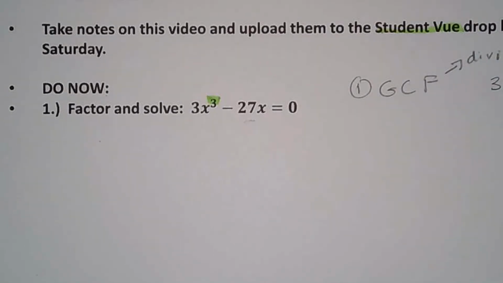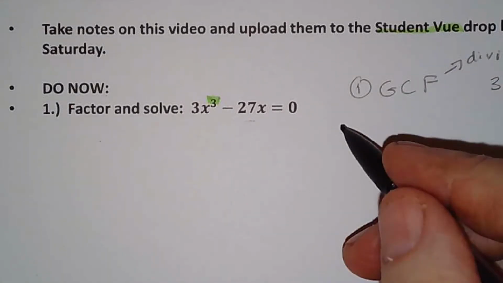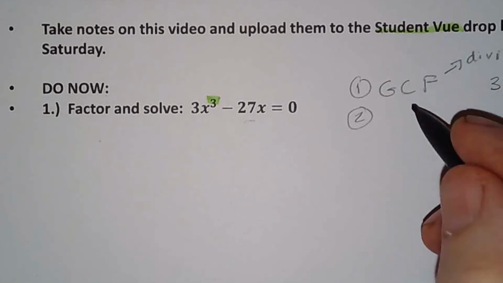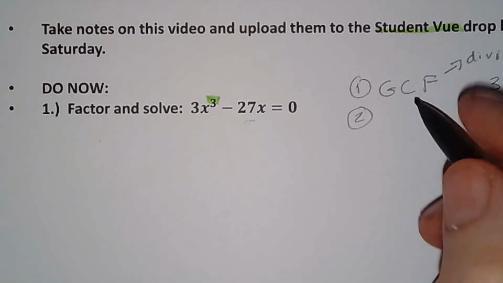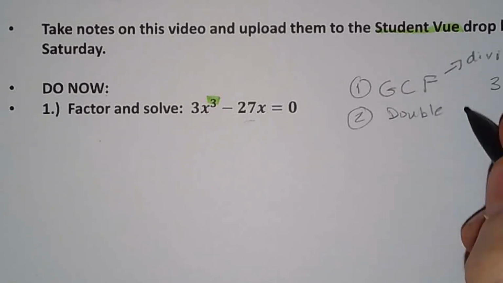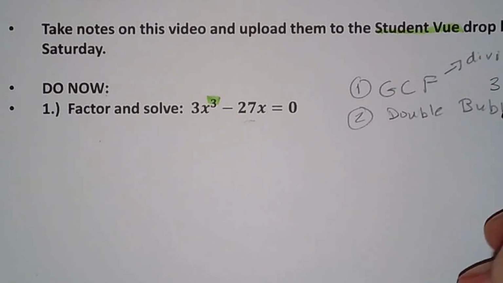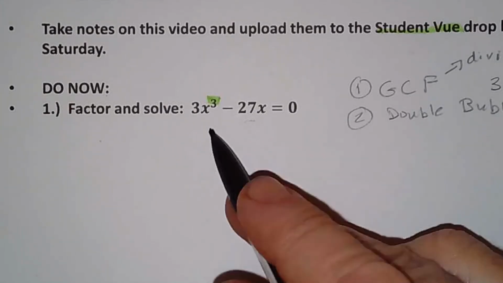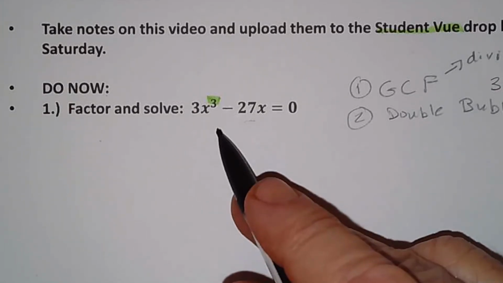And so once we've done that, we're going to go through the process of doing double bubbling. In other words, we're going to break the binomial here into 2 separate binomials.